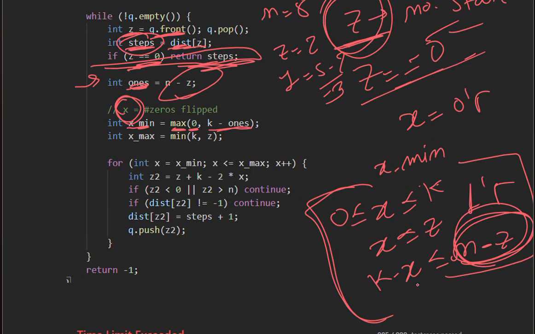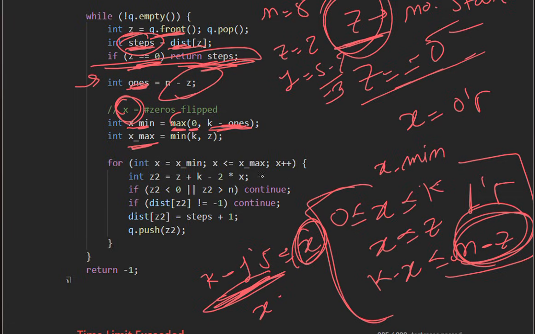So if we solve it, x minus the number of ones is less than or equal to x. So this value is less than or equal to x. That means this can be the maximum value, right? So x minimum will be this value, and then x maximum we can find from the minimum value of k.